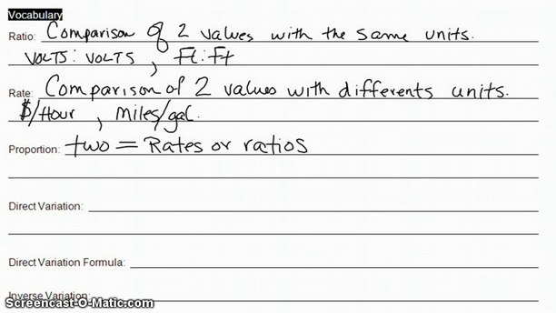Moving on to direct variation. What that is, it is a relationship between 2 quantities.